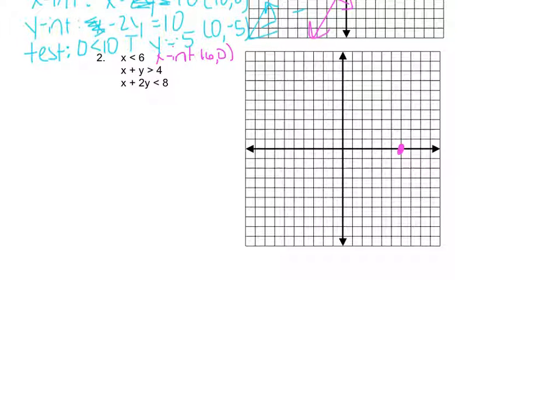There's no y here, which means there's no slope. It's undefined slope. So remember, we talked about in order for it to only cross the x at 6, it would have to be a vertical line. Notice that it just says less than, not equal to, so that should be a dotted line.